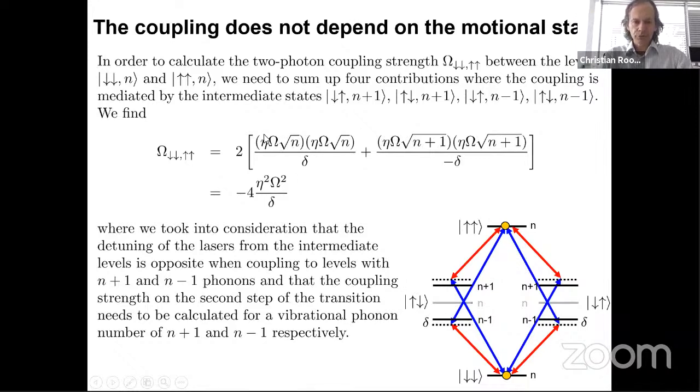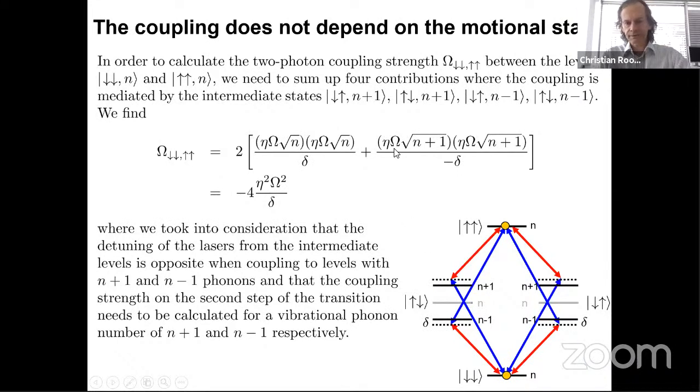But now let's first focus on the process where you have first a red sideband absorption followed by a blue sideband absorption. Now you have this blue sideband coupling, but you start out in a motional state where you have just n-1 motional quanta. And therefore the coupling strength here once again is proportional to square root of n. Then you have to take the product of these coupling strengths and divide it by the detuning from the intermediate state.